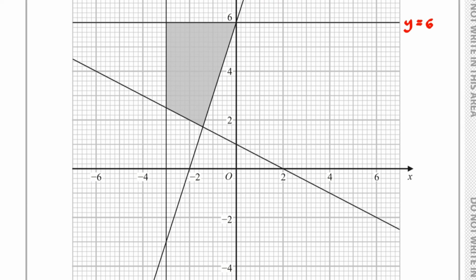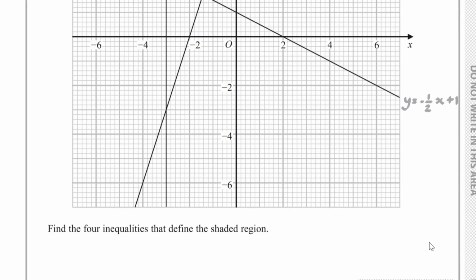And if I take a look at this line here, well, I've got a gradient of minus 1/2, and it passes through the point 1. So this line is y equals minus 1/2 x plus 1. Don't forget the minus. So we've got the line y equals minus 1/2 x plus 1.